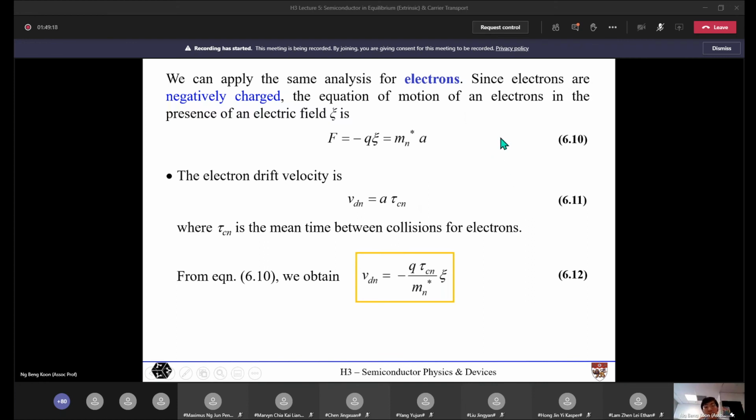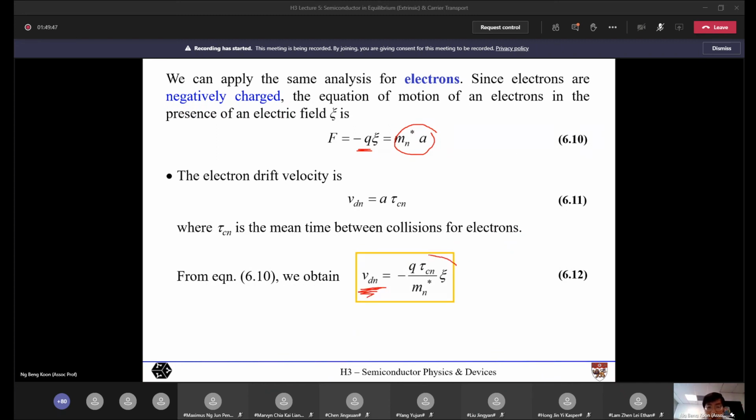Similarly, you can derive an equivalent expression for electrons, and of course, in the case of electrons, you have to take into account the negative charge. So the electric force that they experience will be minus q multiplied by the electric field, and if you relate that to the effective mass of electron multiplied by acceleration, Newton's second law, we can similarly derive an expression describing the drift velocity of electrons.